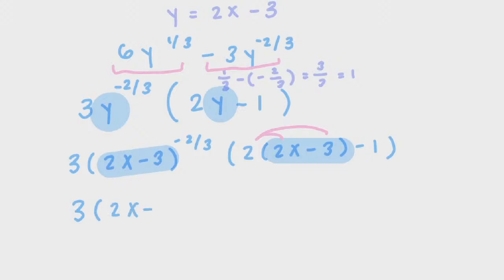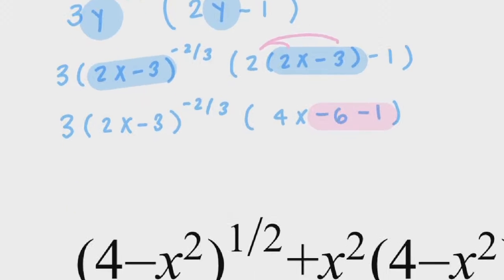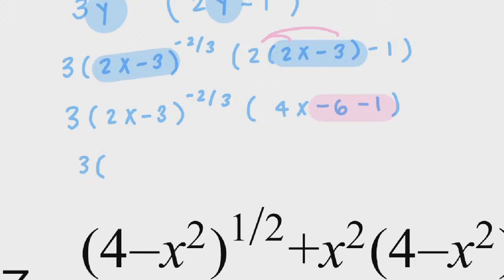So nothing else is going to change. And I get 4x minus 6 minus 1. And here I can combine the negative 6 and minus 1. So this will be 3 times 2x minus 3 to the negative 2/3 times 4x minus 7. And this will be the final answer.